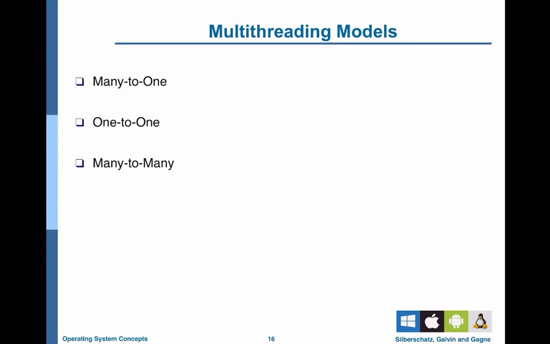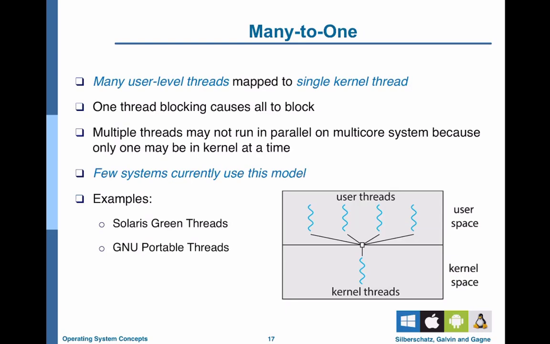The many-to-one model maps many user threads to a single kernel thread. Few systems currently use this model because multiple threads may not run in parallel on multiple cores.